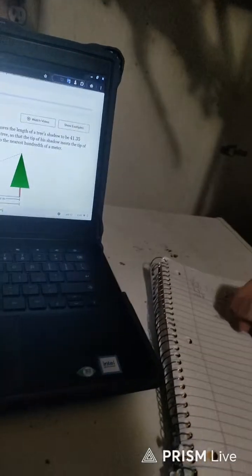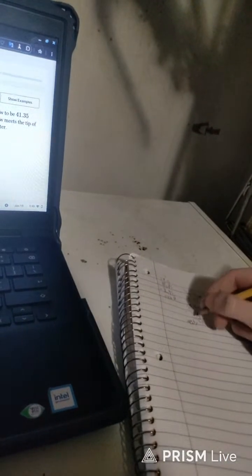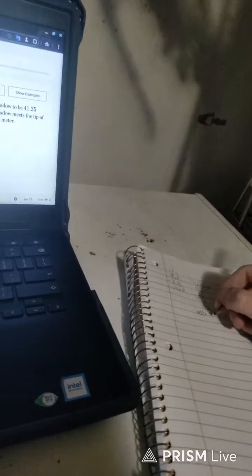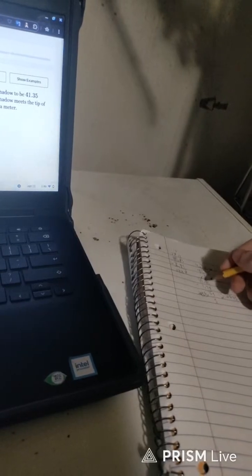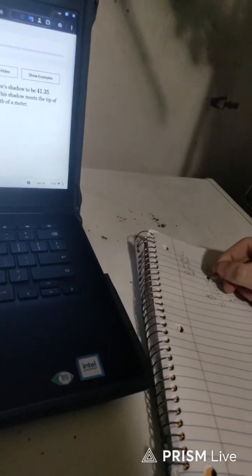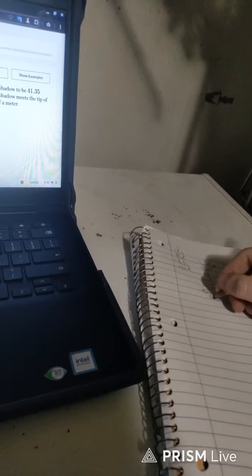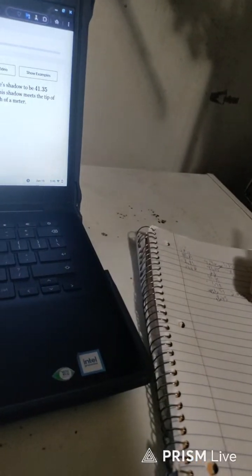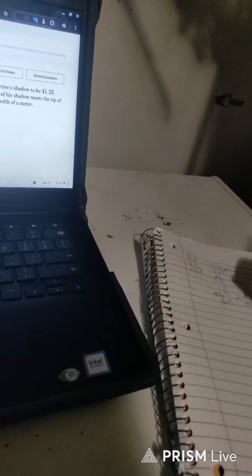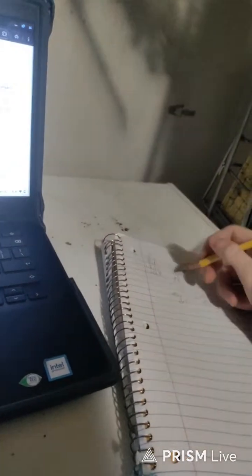So it's 2.0675. Alright, so it's 35, that's 21, it's 24. 7 times 1 equals 7, and that's 9. It has to move over 1. That's 5, 4, 9. Alright, so it's 9.